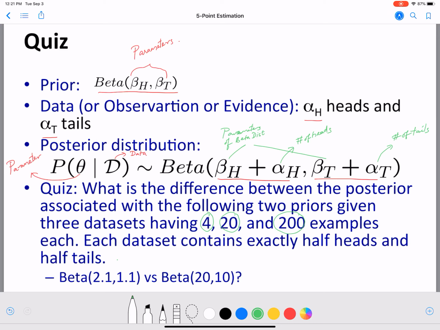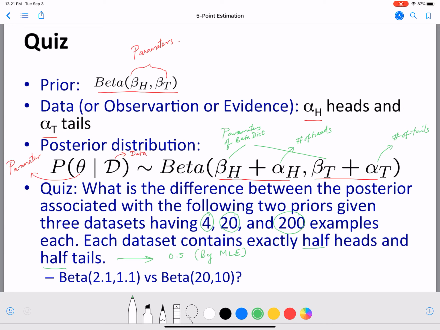And each data set has exactly half heads and half tails, which means without the posterior distribution, if we were to use maximum likelihood, the estimated value would be number of heads divided by number of heads plus number of tails. Since there are half heads and half tails, we will get our parameter value to be 0.5 if we use MLE.